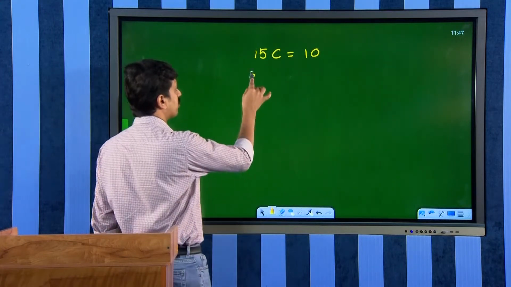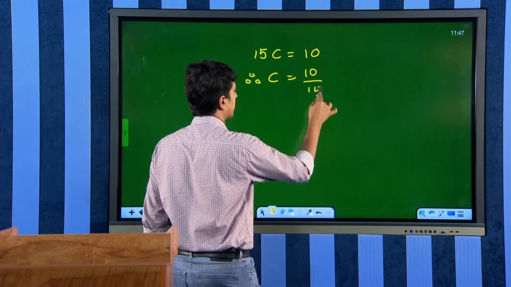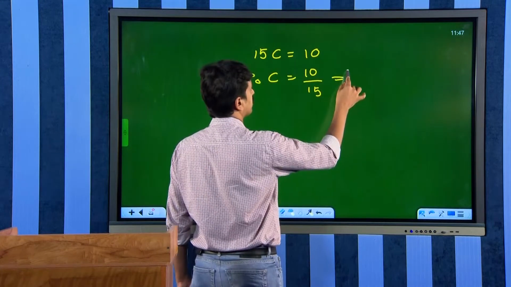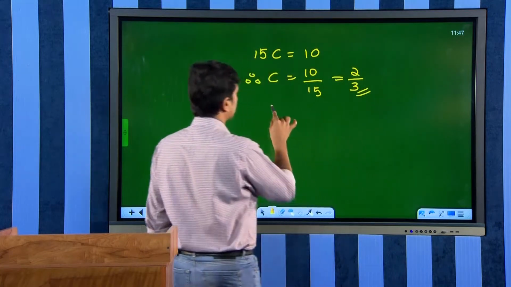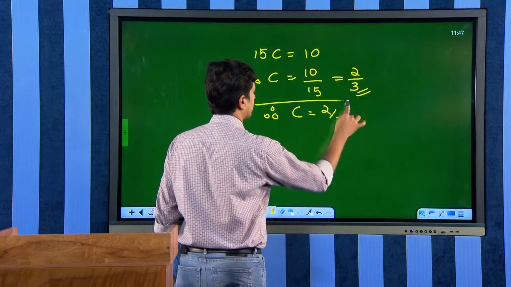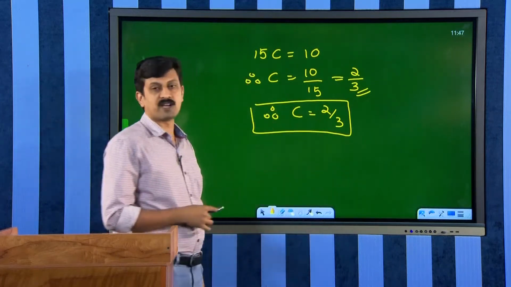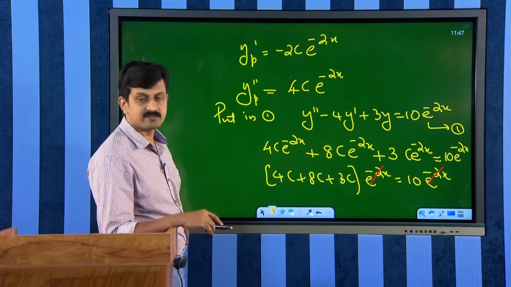Therefore, c is equal to 10 divided by 15, and we can cancel by 5, therefore 2 by 3. Therefore, c is equal to 2 by 3.